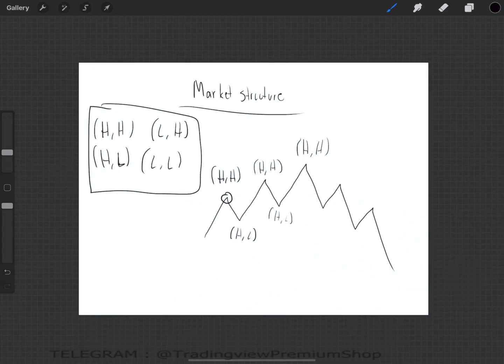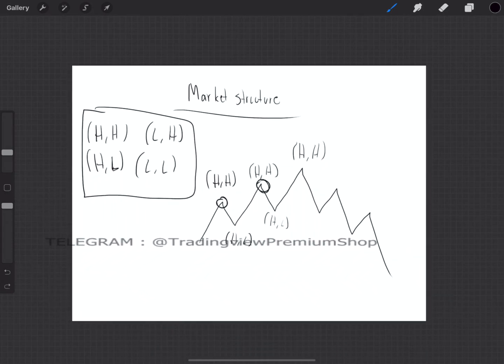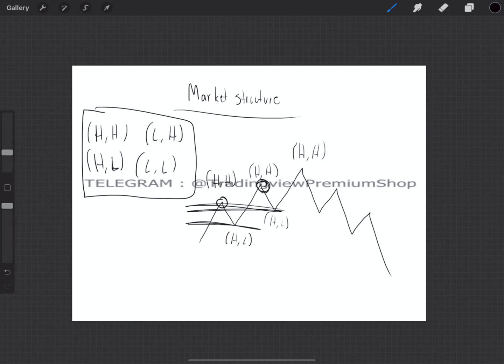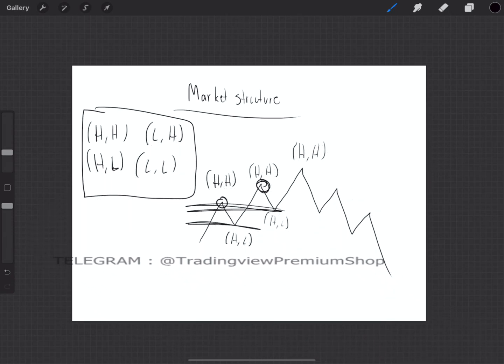So basically what a higher high is, it's when price is at its highest point, all right? And when it pulls back, like this pullback right here, or this pullback right here, that would usually make your higher low.